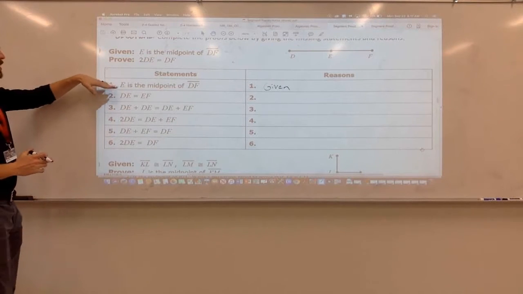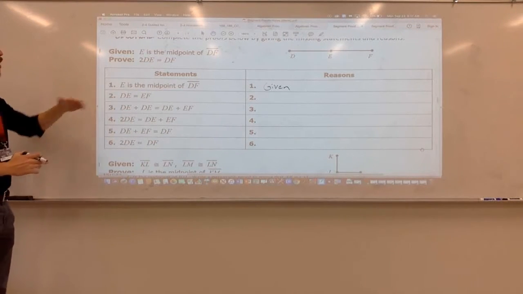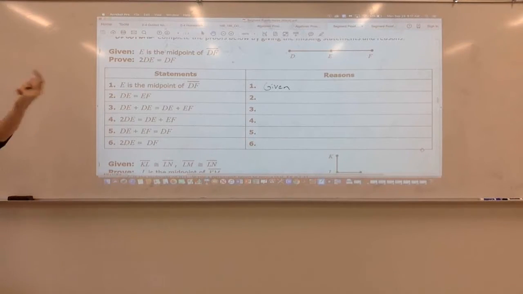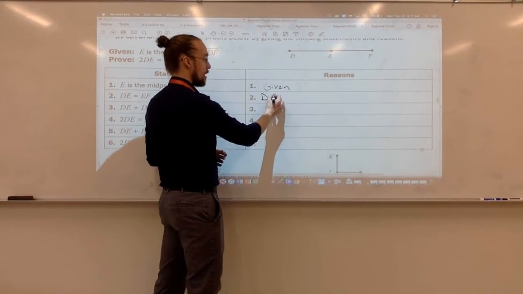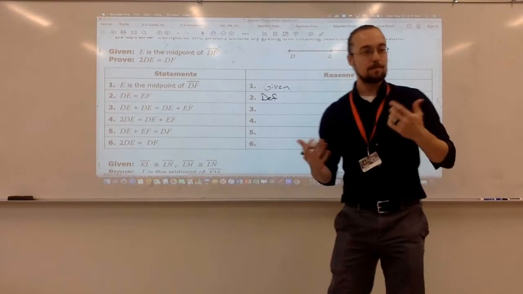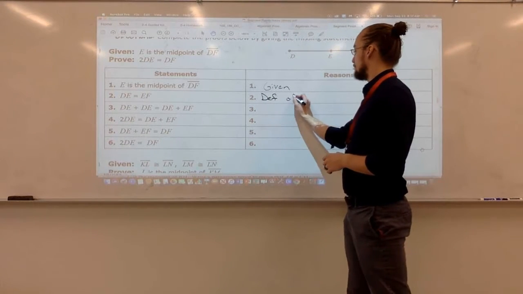So if I know that E is the midpoint of DF, how then can I claim that DE is equal to EF? Definition of a midpoint, right? Our definition of a midpoint is just if I have a midpoint, then the two halves of the segment that are created have to be equal.